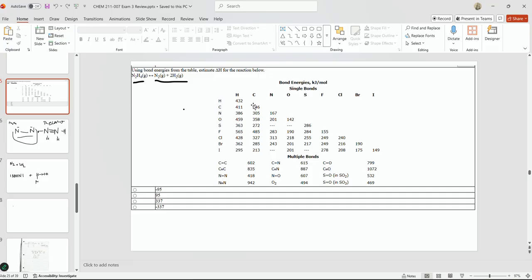So we have 1, 2, 3, 4, 5. It's connecting with this. Plus 2H2.